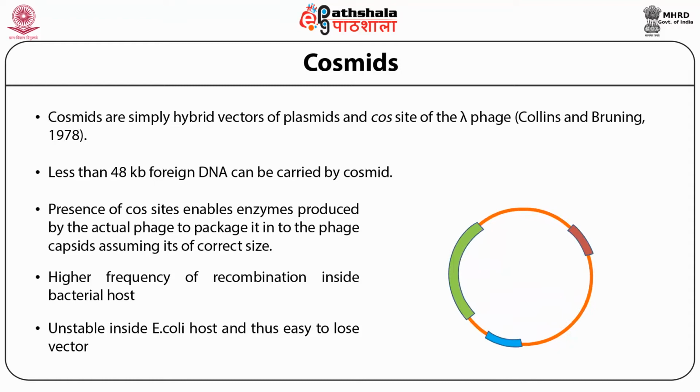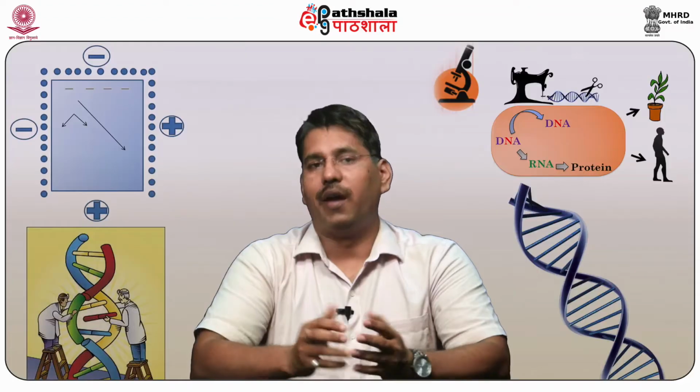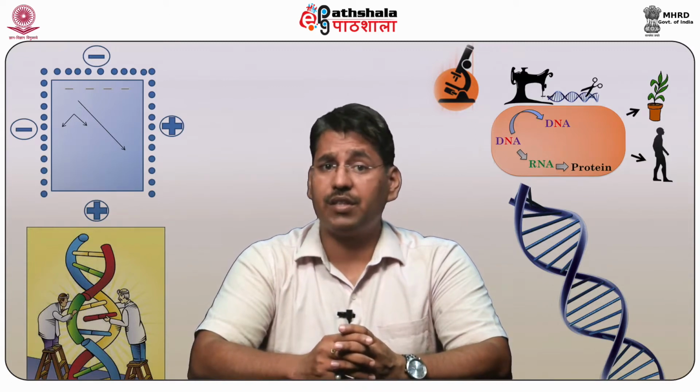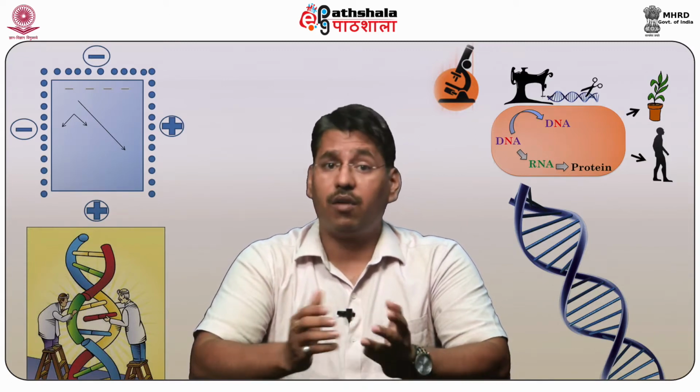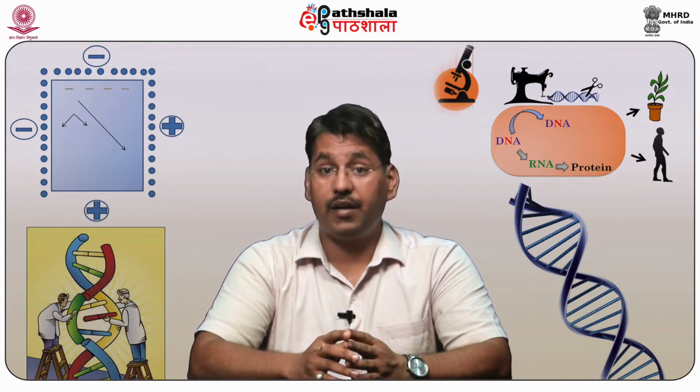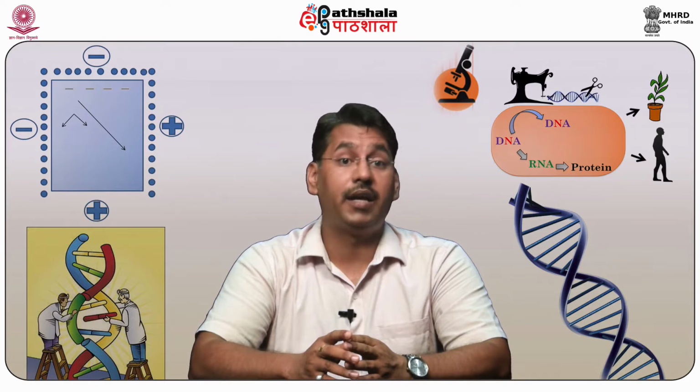Here in the figure, you can see the orientation of different regions in a pJB8 cloning vector. Cosmids contain an origin of replication and a selectable marker. Cosmids also possess a unique restriction enzyme recognition site into which a DNA fragment can be ligated.